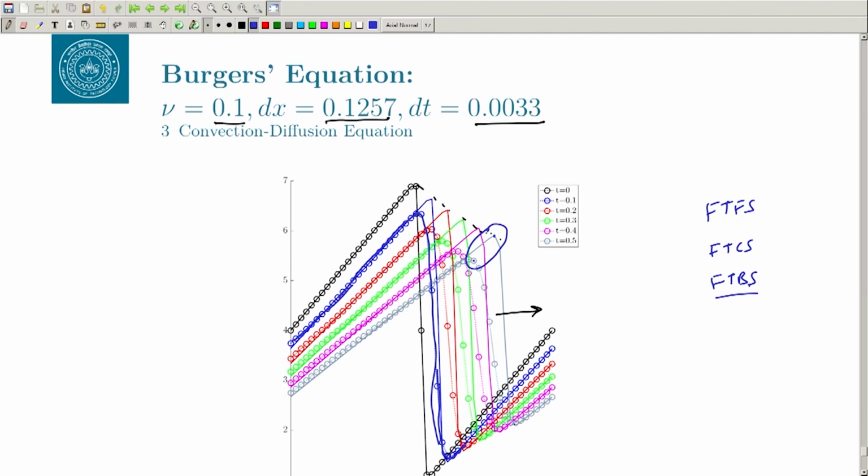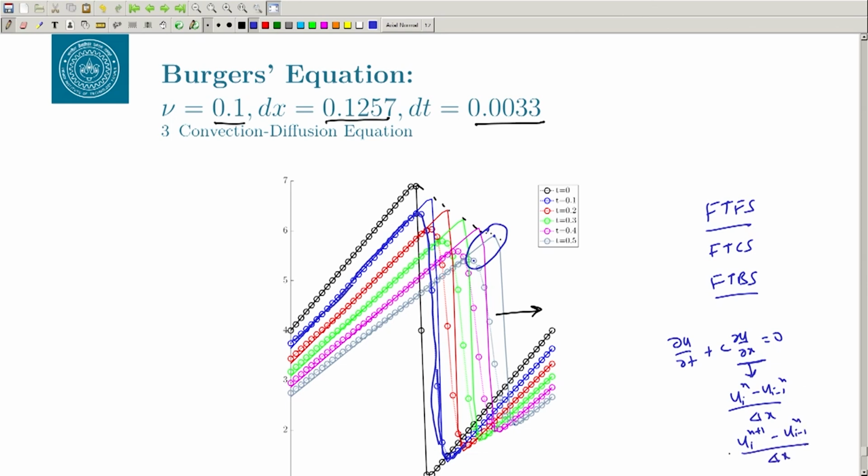We can also have implicit schemes. Right now we are using del u by del t plus c del u by del x equal to 0, where for del u by del x we are using u i n minus u i minus 1 n by delta x. You can also do an implicit scheme where you will use u i n plus 1, so the solution that you want to get is also defined at this current time.